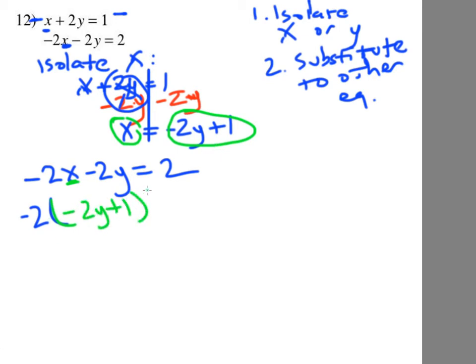No one's going to know the difference if negative 2y plus 1 shows up. Minus 2y equals 2. Okay, so what do we get here? Let me just draw my little barrier. It's going to help me organize myself.